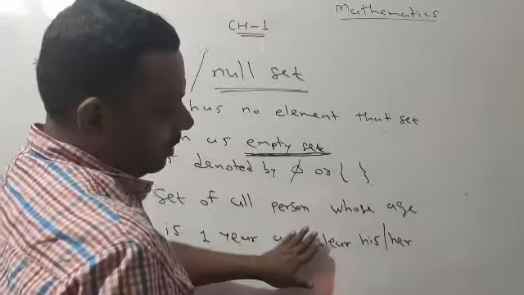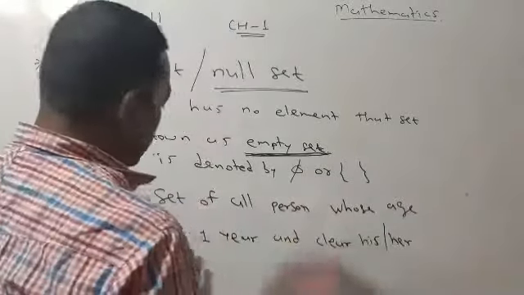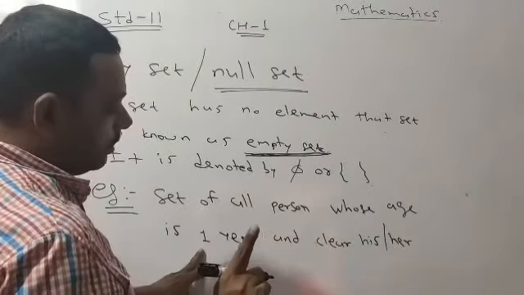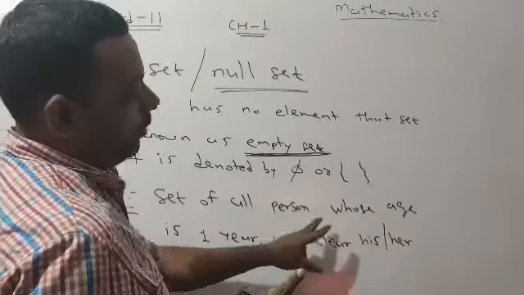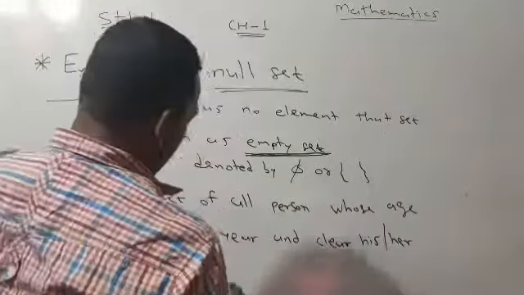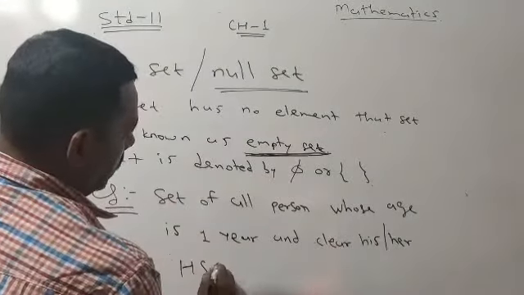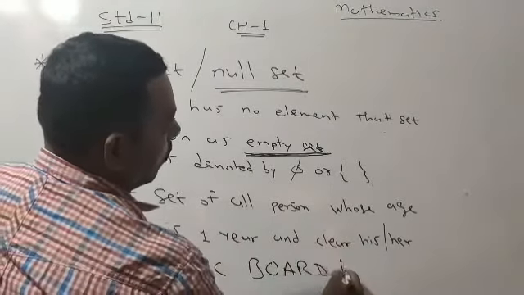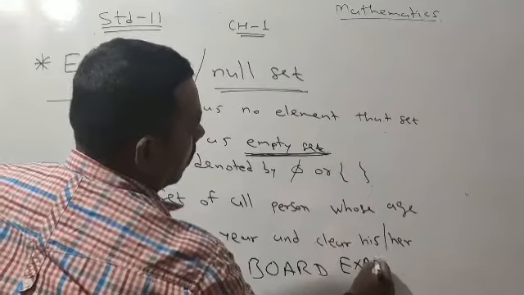Set of all persons whose age is only 1 year. Remember that my question is set of all the persons whose age is 1 year and who clear his or her HSC board exam.